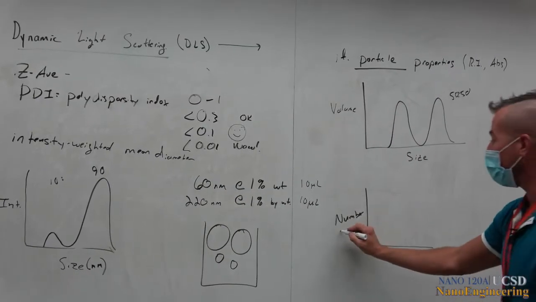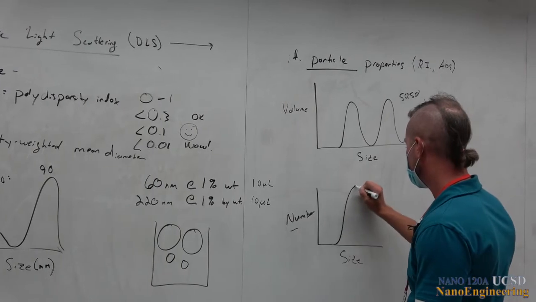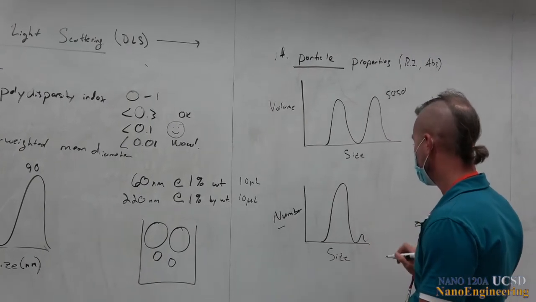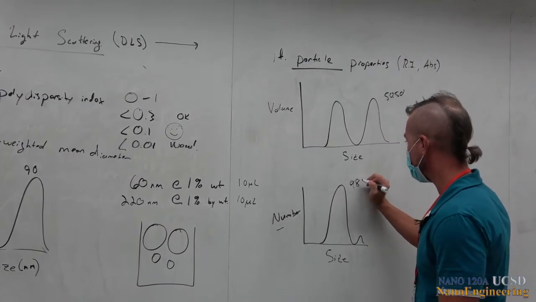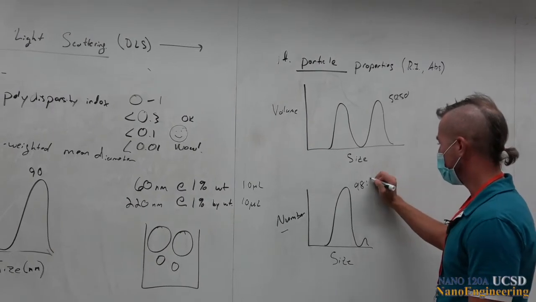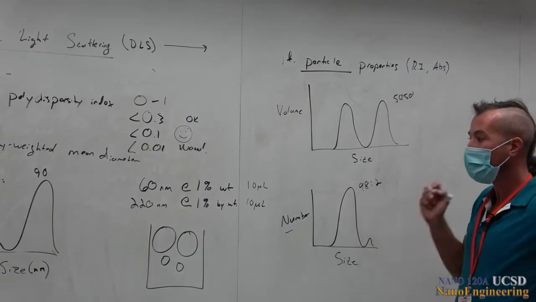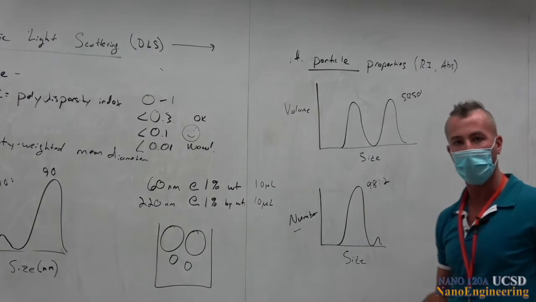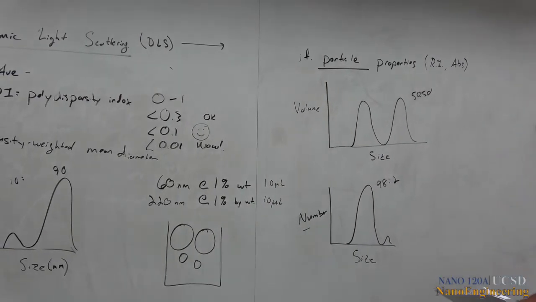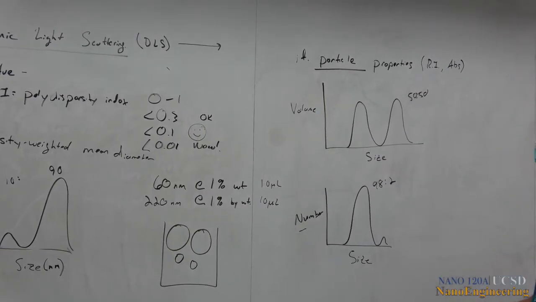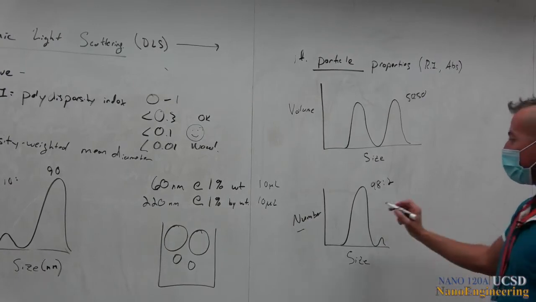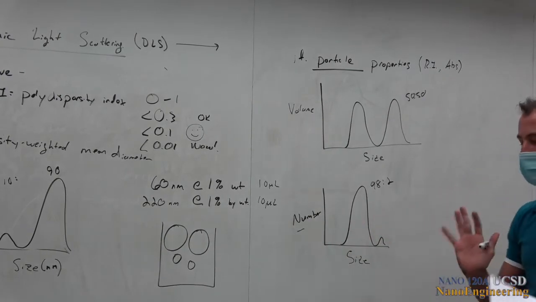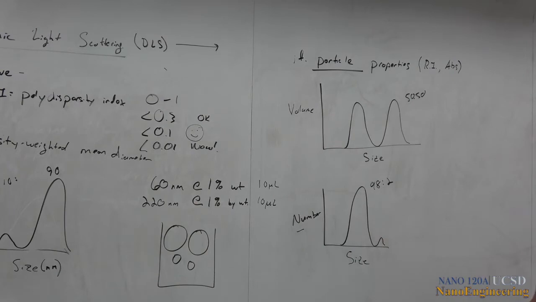But if you said, show me the number, it's going to be like 98 to 2, because you have a lot more of the smaller particles. Okay? So this is true. It's all relative to each other.